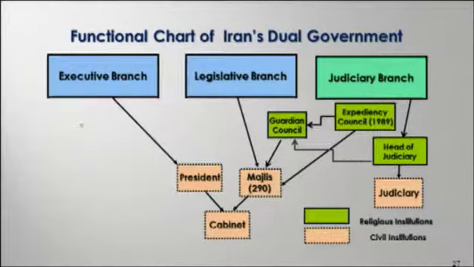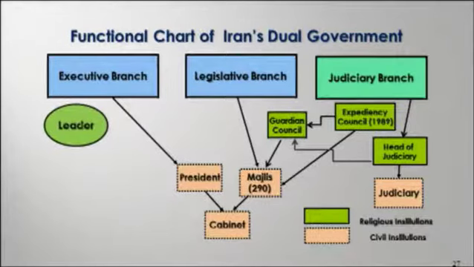In sum, the Expediency Council has emerged as yet another clerically dominated, very powerful governmental institution, dwarfing the civilian institutions in the government. Next, I want to talk about the leader who we have been mentioning throughout this talk.